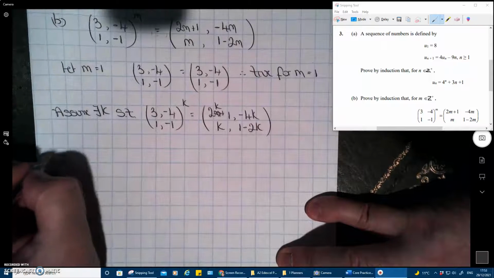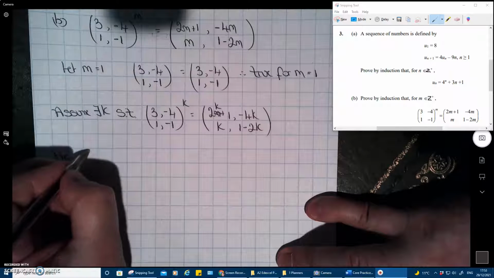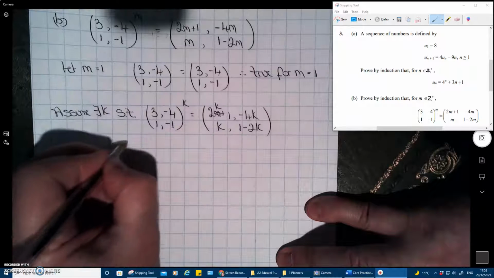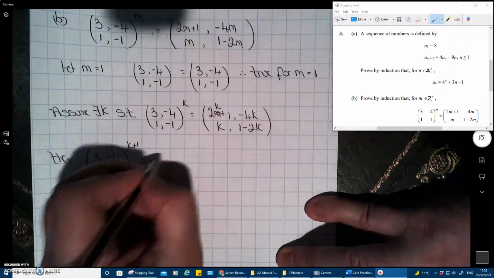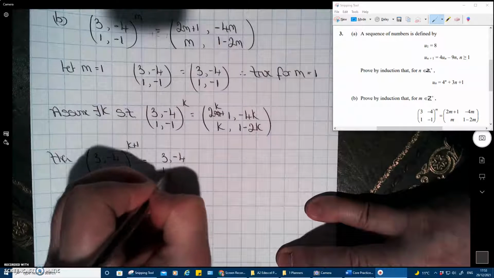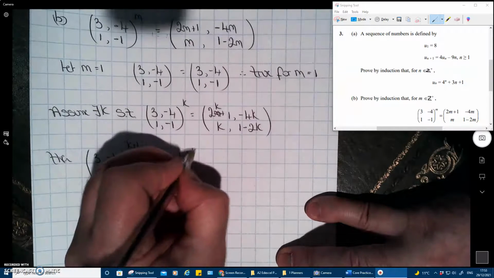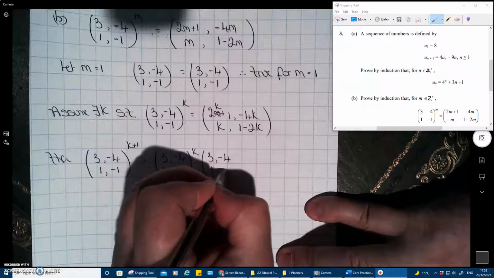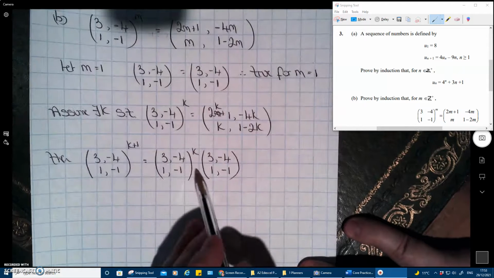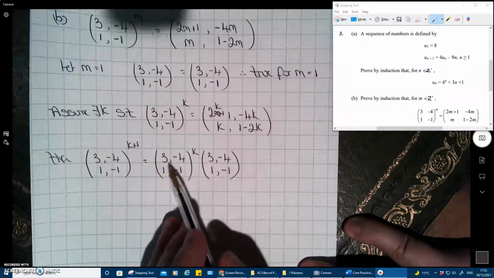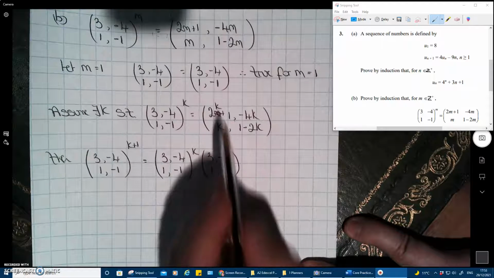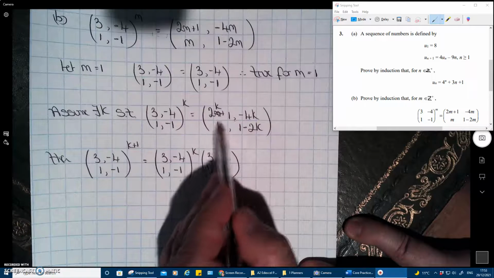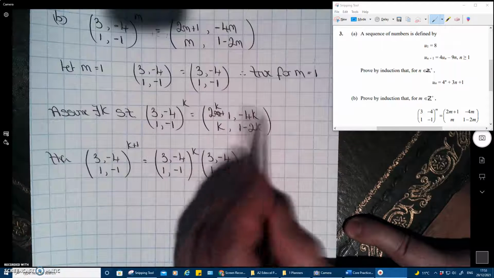Now we're going to show then, if that's true, then 3 minus 4, 1 minus 1 to the power k plus 1 clearly equals 3 minus 4, 1 minus 1 to the power k, times an extra bracket. Okay, when we multiply those out, we're going to replace that with that. We want this same expression, but with all the k's replaced by k plus 1. So k plus 1 here, 2 lots of k plus 1 plus 1 here, and so on.